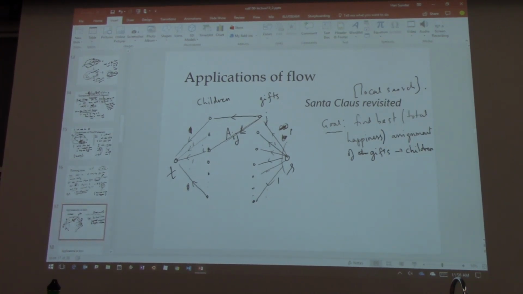So let's say I make it max over i of a_ij, or for convenience let me write infinity. Okay, so you just have infinite weight. In this graph, what is the maximum amount of flow that you can have? The maximum value of the gift that a child can get? Why is that?